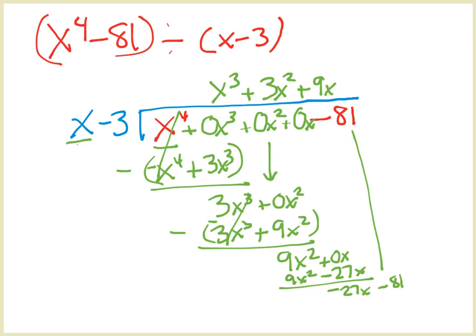And so what do I have to multiply it by? Negative 27. So what I get is negative 27x, and negative 27 times negative 3 is positive 81.